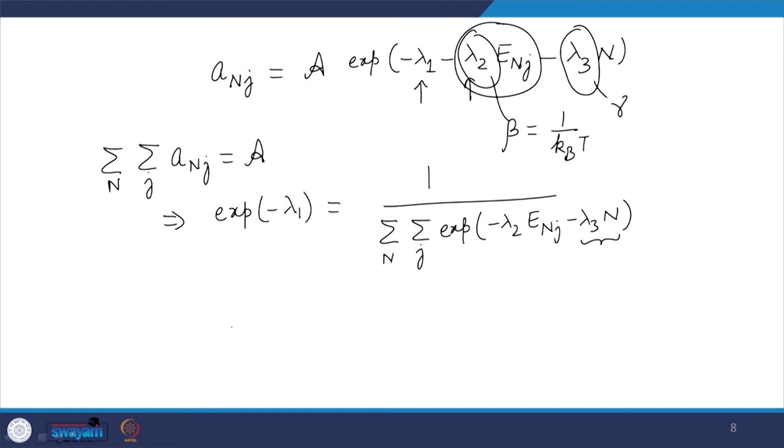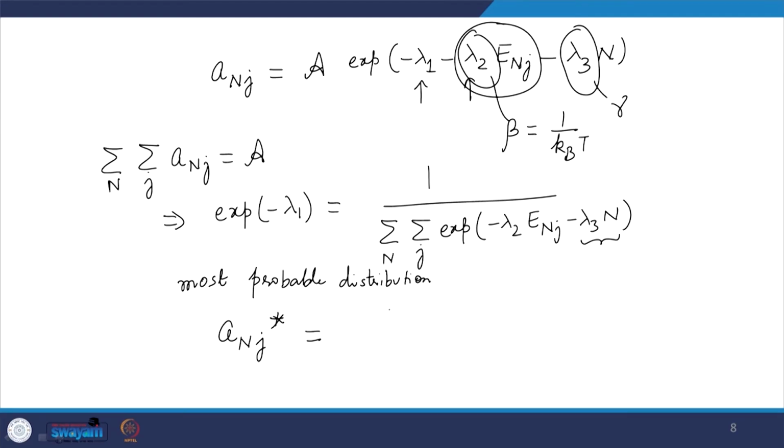So, as of now we have a_{N,j} for the most probable distribution, and let me use a_{N,j} star to indicate that this is already found by maximizing W in this case, and therefore, this is already the most probable distribution.